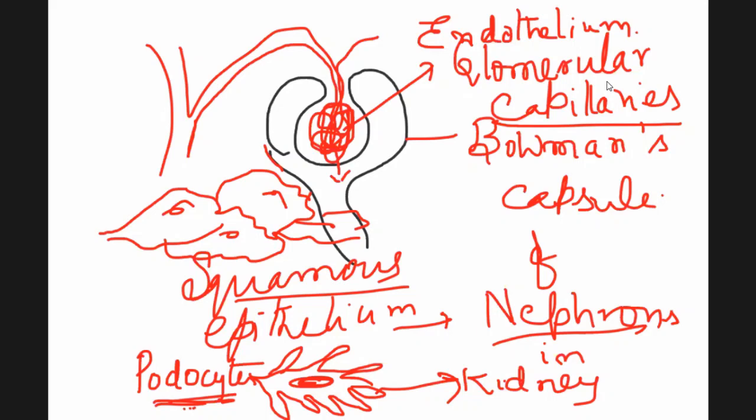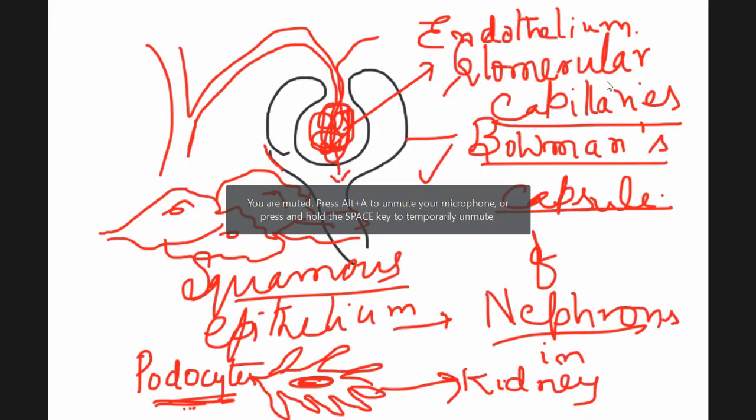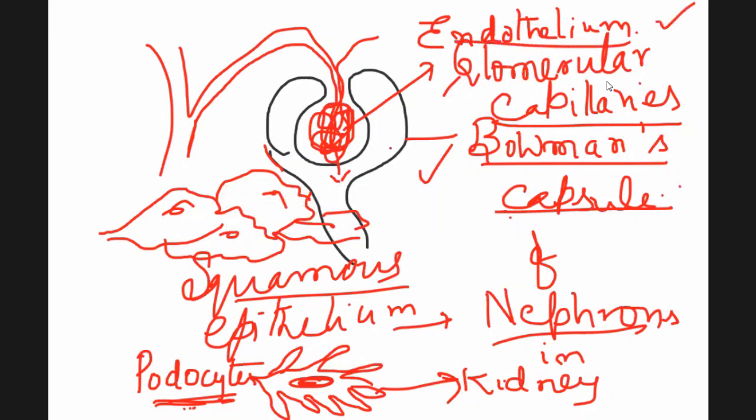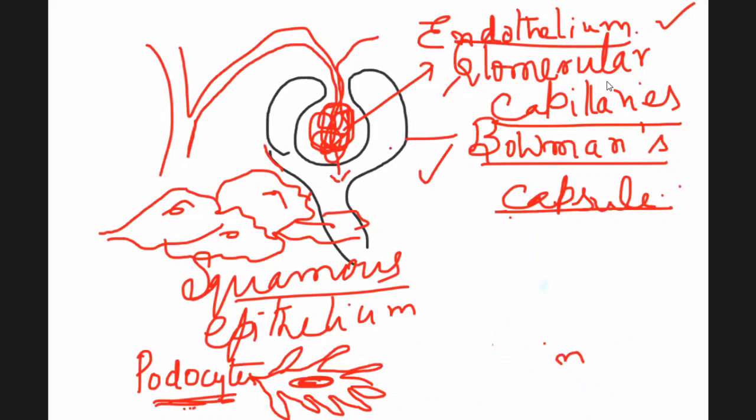Now you remember Bowman's capsule, glomerular capillaries, or any capillary is lined by endothelium. Then the Bowman's capsule wall also has simple squamous epithelium. This allows quick filtration of metabolic waste.